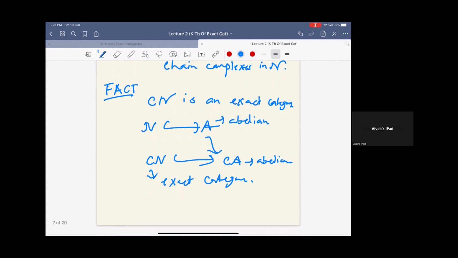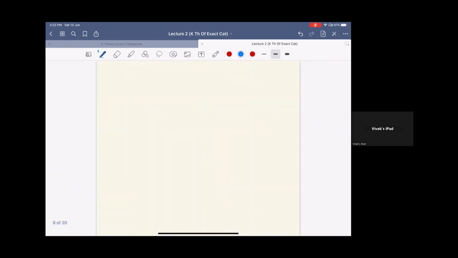Okay. So now we want a notion of an exact chain complex in an exact category.